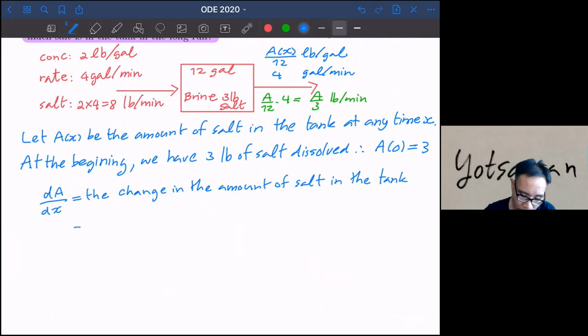So it's gonna be the amount of salt flow in, subtract by salt flow out. Okay, and your salt flow in is 8, and the salt flow out is equal to A over 3.